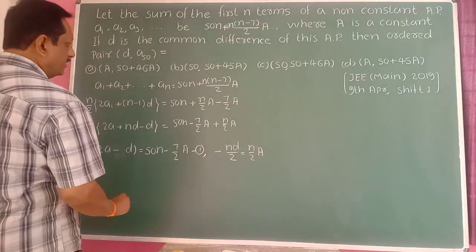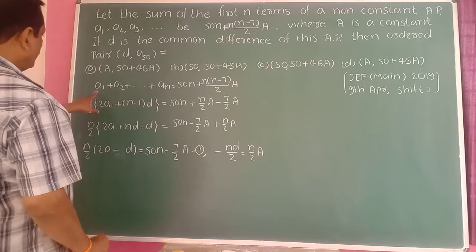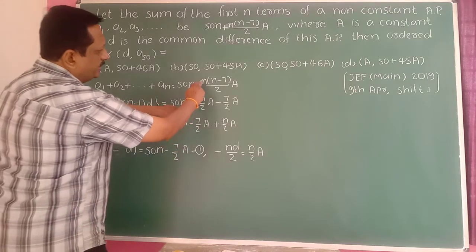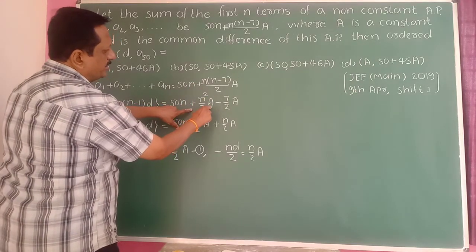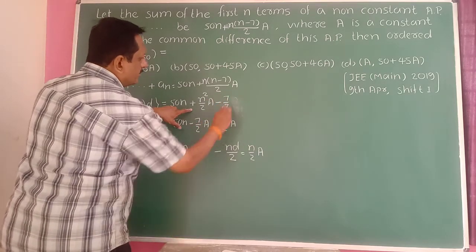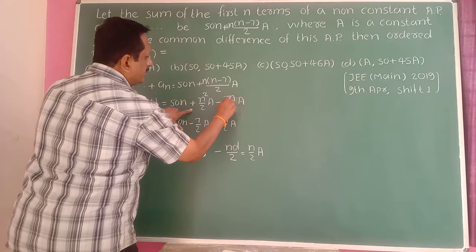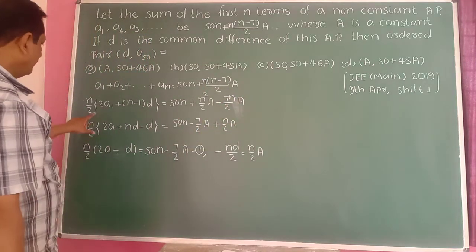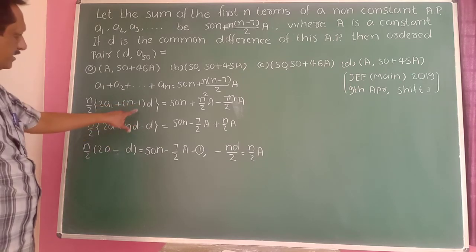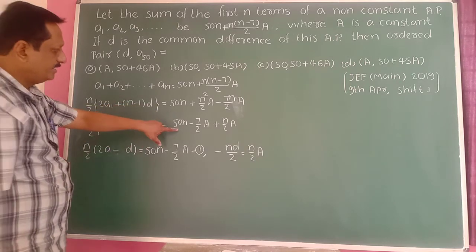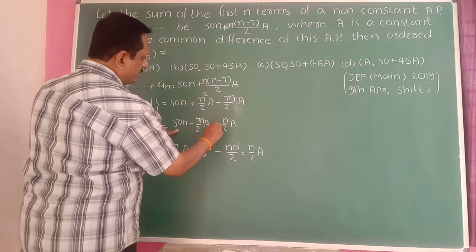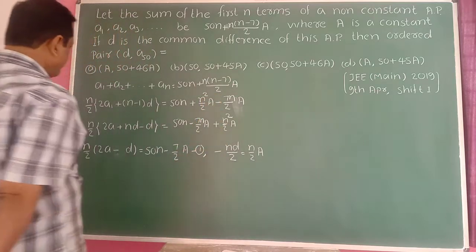Okay. Therefore the sum of this term is equal to 50n plus n into n becomes n square upon 2 into a minus 7n into a. So similarly, n upon 2 into 2a plus n into d becomes nd minus d is equal to 50n plus 7n divided by 2a plus n square divided by 2a.